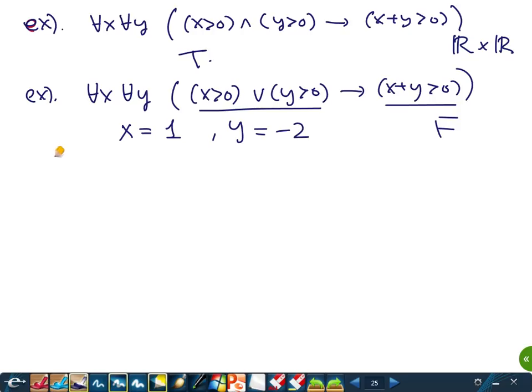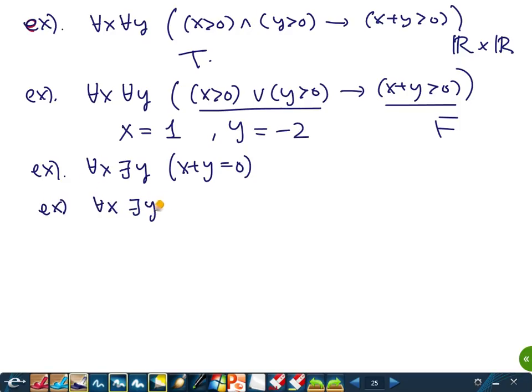More examples, some mixed ones. Okay, let me write things. They all have the domain R times R, or Z plus times Z plus.